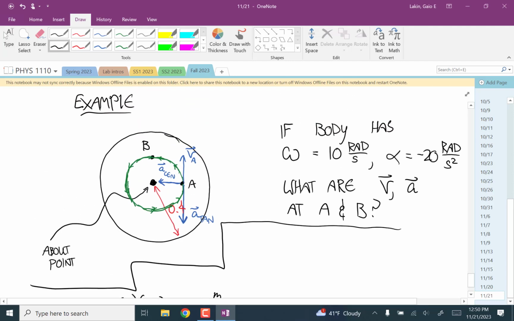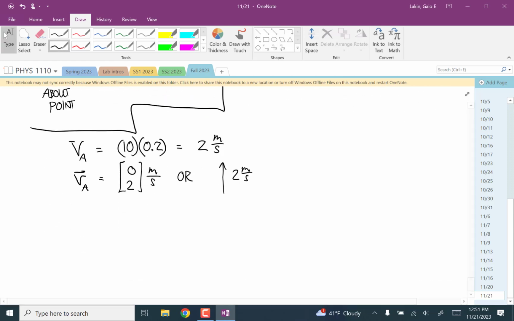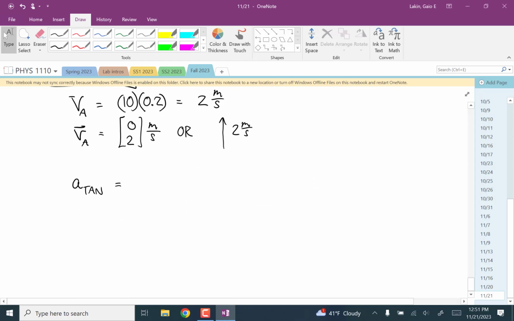So based on the fact that angular velocity and angular acceleration are opposite, we know it's slowing down. That means the tangential acceleration and the velocity are also opposite each other. So first, let's figure out the magnitude of the tangential acceleration. This is equal to the absolute value of 20 times r.